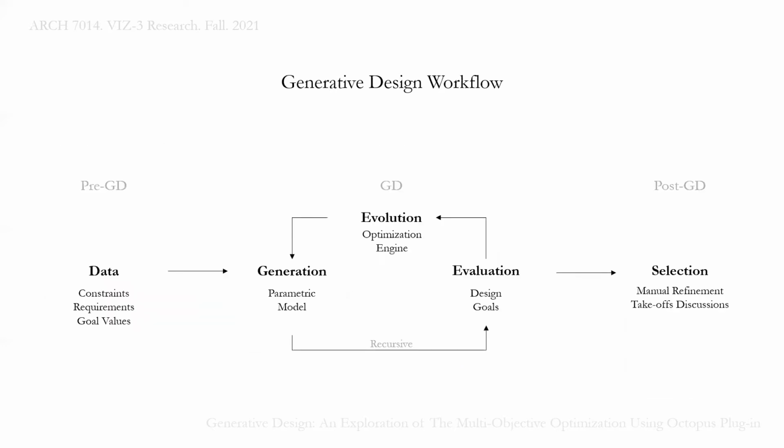The typical workflow of generative design starts pre-generative design. It starts from you, the designer. You input the constraints, the requirements, the goal values. You input all the information, for example, what you want in your Grasshopper canvas. Then the generative design engine generates, using your parametric model.